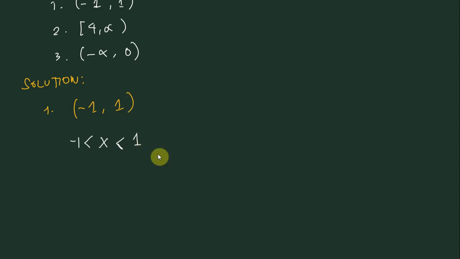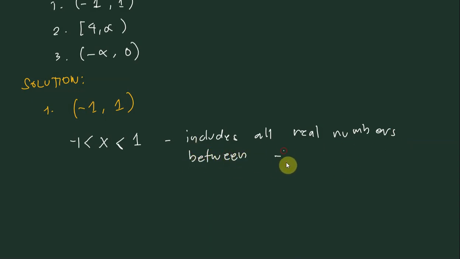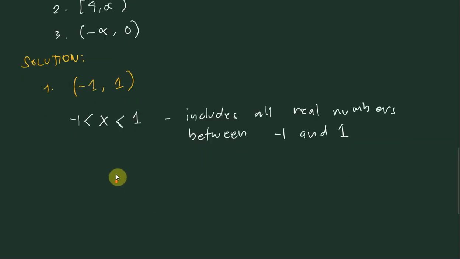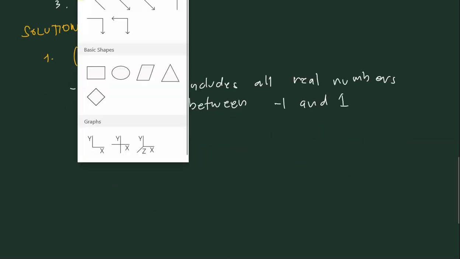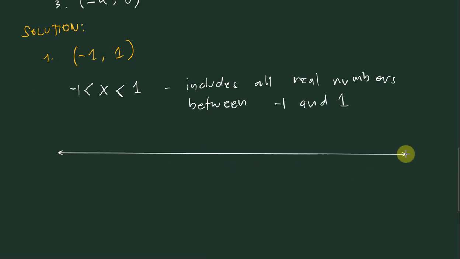So this means it includes all the values, all real numbers between -1 and 1. Okay, so if you graph this, let's draw here.